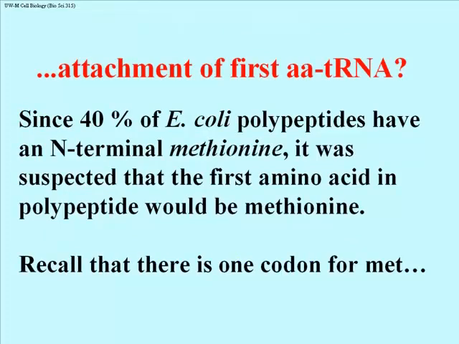People had analyzed or extracted E. coli polypeptides in the 50s and 60s, and in the 50s was the first time that people had begun to actually do amino acid sequencing. It was not automated, it was very tedious.